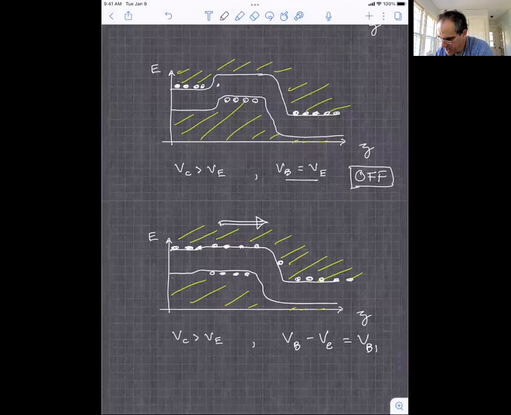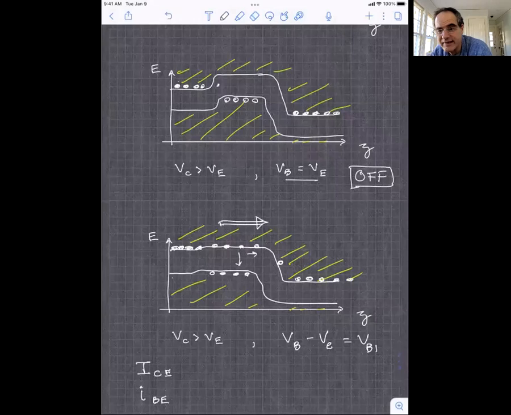By the way, not all the electrons from the emitter will make it to the collector. A few will recombine with the holes in the base as they move across. So that means that in addition to a large current of electrons from the emitter to the collector, there'll also be a small current of electrons from the emitter to the base.